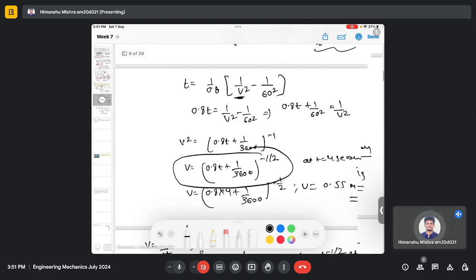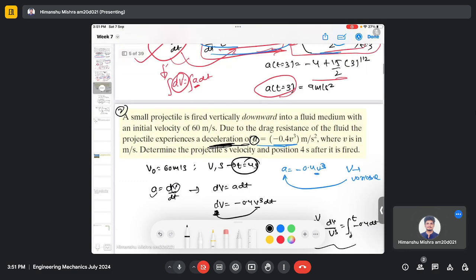So just to recap here, we are given a small projectile which is falling downward, and we are given the initial velocity. We are also given the acceleration, which is actually a deceleration expression, and it's a function of v. We know that it's not a constant, so we cannot use those three pretty famous relations.